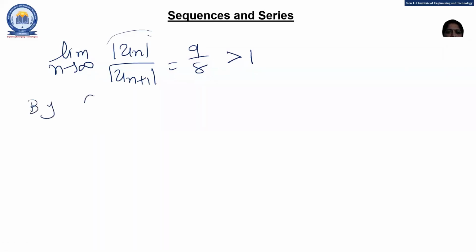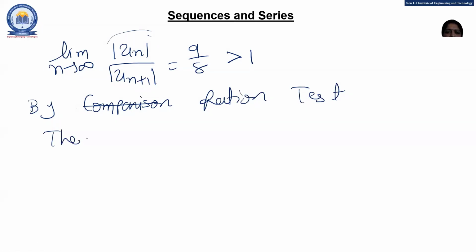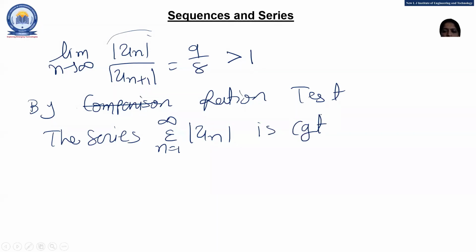Therefore, by ratio test, the series summation n 1 to infinity mod un is convergent. And as per the rule, if mod un is convergent, then un is directly convergent.